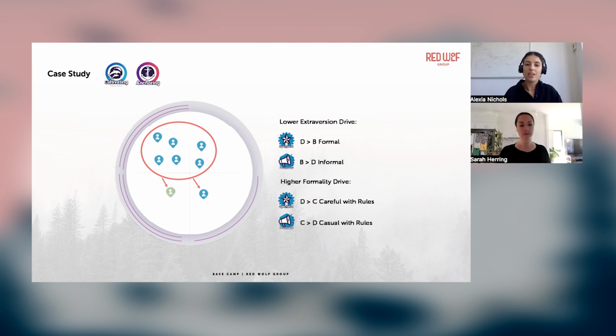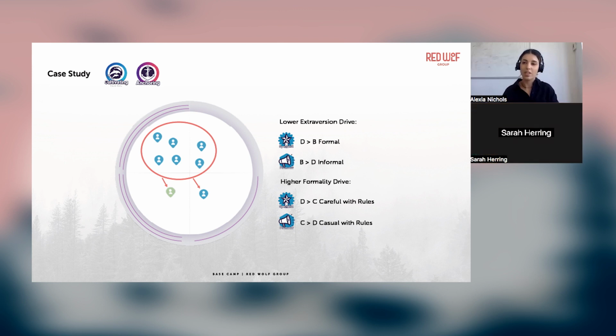Now, sometimes if there isn't awareness of the differences that certain people may have, it can cause a little bit of tension. I have seen situations and heard about situations where a high sociable drive person working with someone who has that lower, more reserved nature, so that lower extroversion drive, starts to have some issues where they find that the person isn't responding quick enough to them.